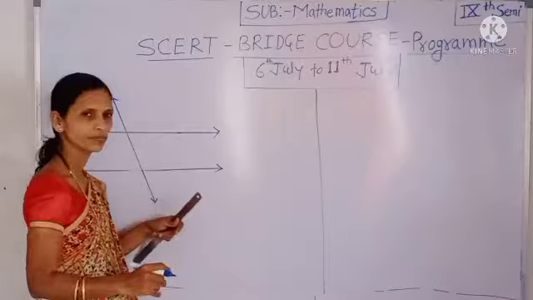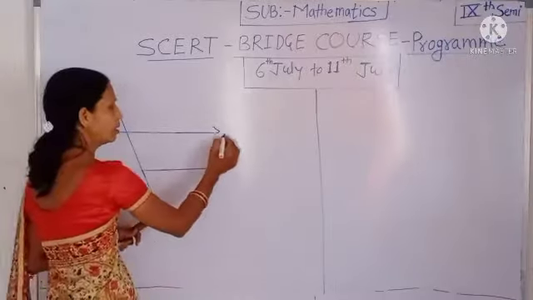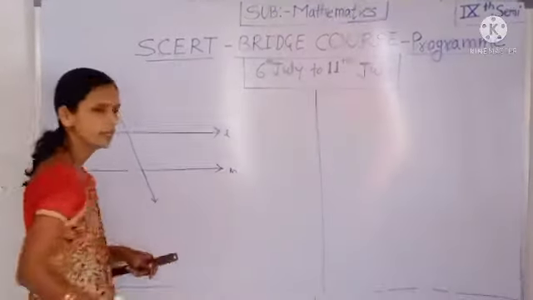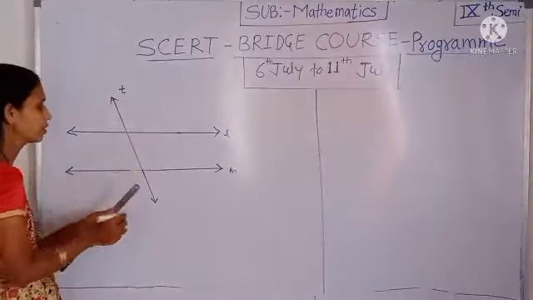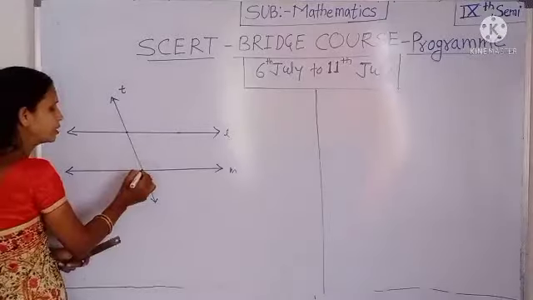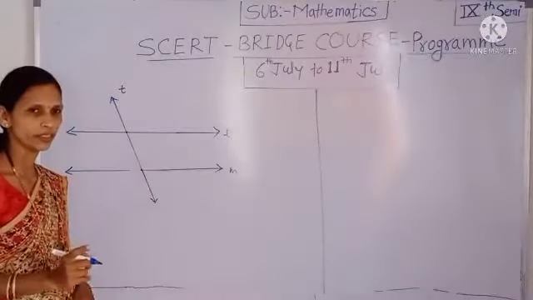Here the lines L and M are given, and the transversal T intersects those lines at two different points.